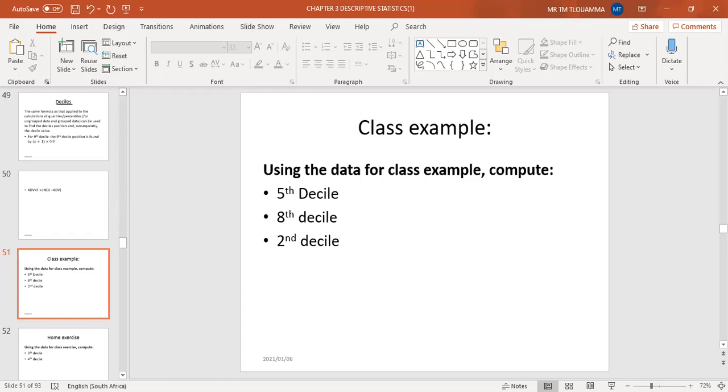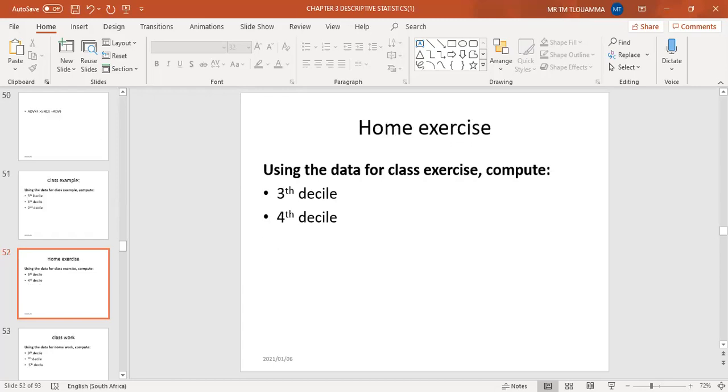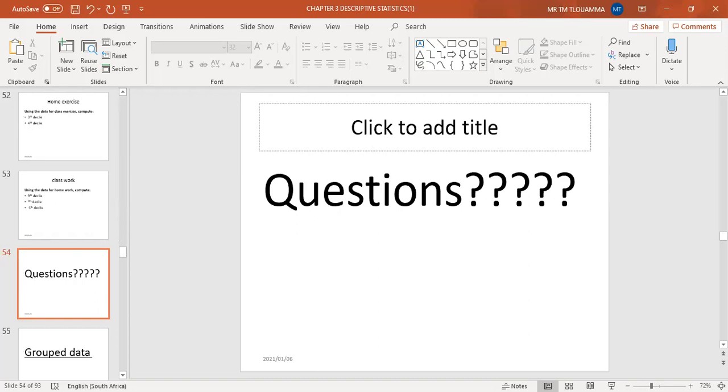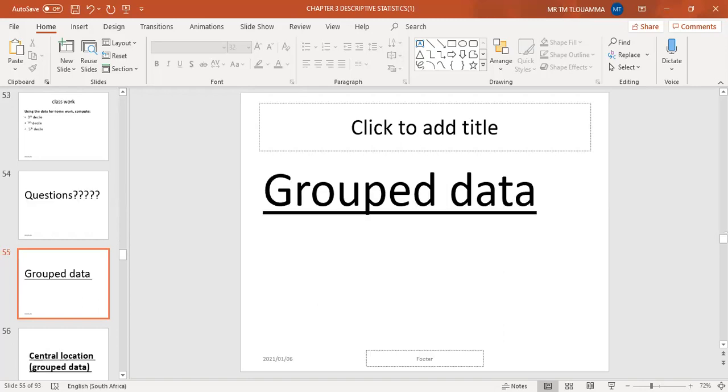Even the third and the fourth decile, the ninth, the seventh, they're all the same. So there's nothing challenging in here.